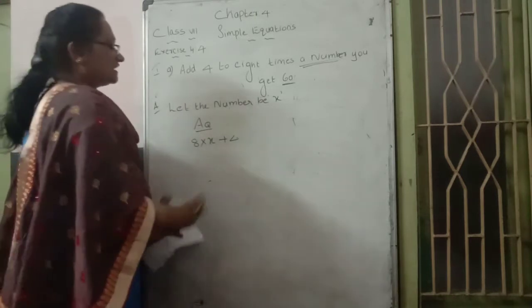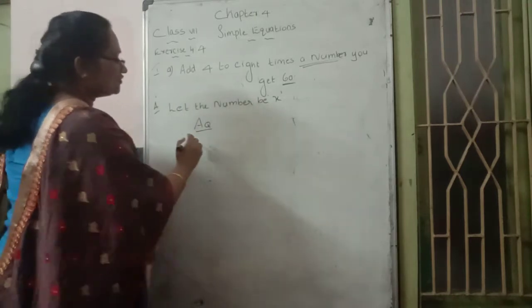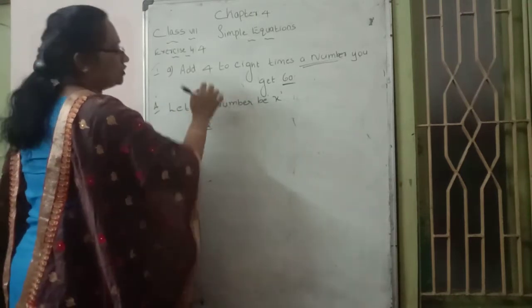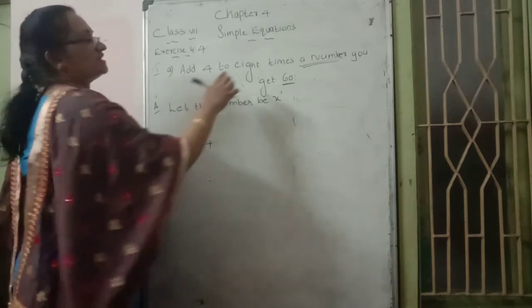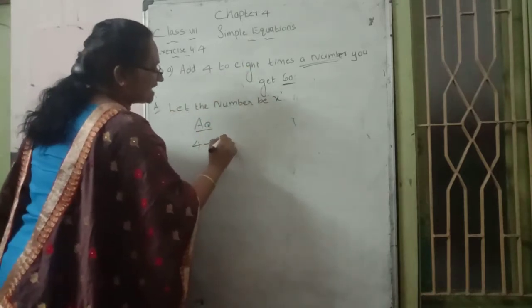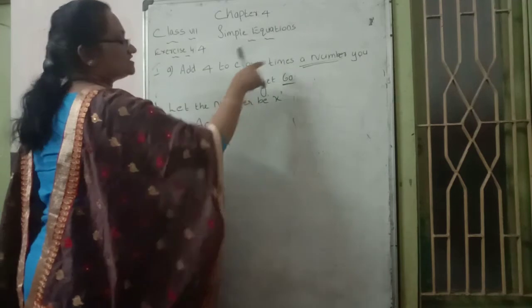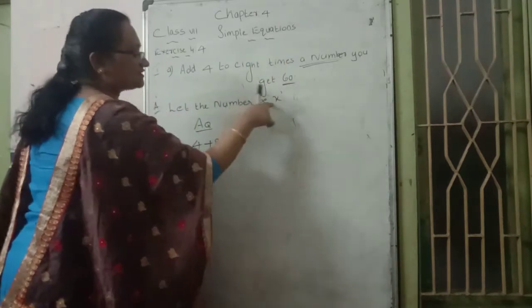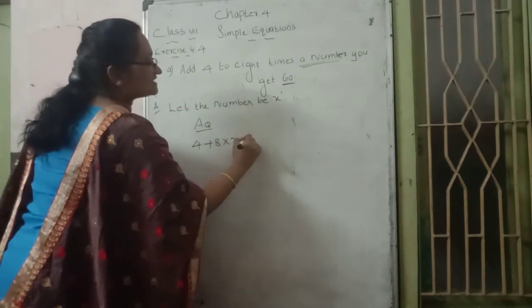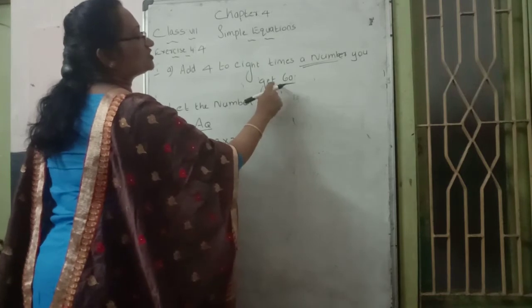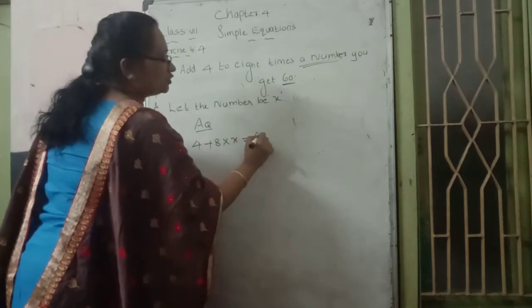Otherwise you can write in this way: 4 plus 8 times, 8 into a number, which we consider x, that is equal to the result. How much is the result?